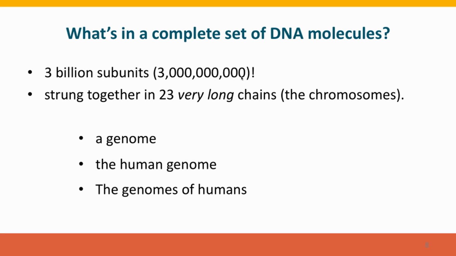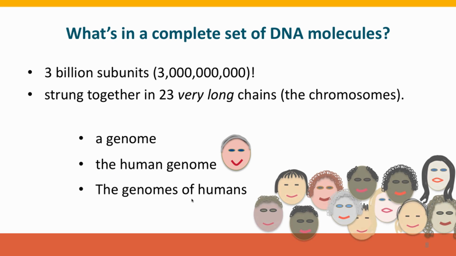And we can use the word genome in two different senses. The first is we can speak of the human genome, by which we would mean a reference sequence, like might be stored in a computer. But really, when we think about humans, we need to think about the genomes of all humans and the genetic diversity between us. Together, this makes up the real genetic endowment of all humans.